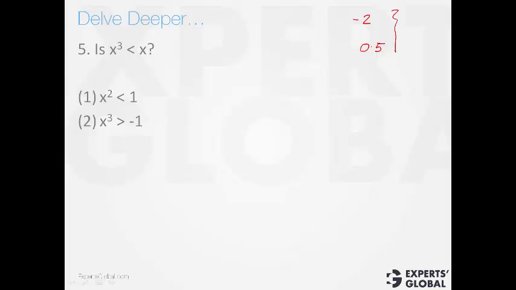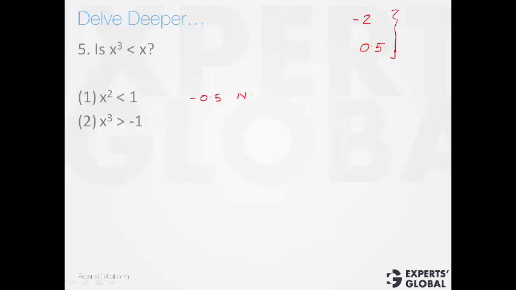And now let's look at statement 1 alone. When we look at statement 1 alone, x square is less than 1. This would also be true for values such as negative 0.5. See, for values such as negative 0.5, 0.5 square will be 0.25, which is less than 1. However, in this case, negative 0.5 cube will become a much smaller negative value, and therefore on negative 0.5 we will get no as an answer.